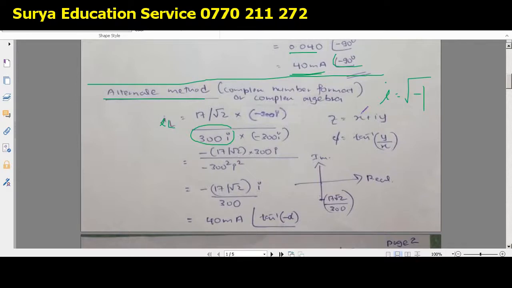For inductors it is positive, because for inductors the coefficient is positive, right? The coefficient is positive because the reason it leads in the resistance. So that is why here we put the positive coefficient. That means 300i, right? 300i. Here you can see what is the coefficient. So the coefficient is positive. Why positive? That is positive because it leads the resistance.